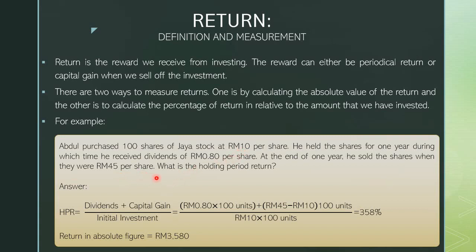So the question is asking, what is the holding period return? Our return here consists of periodical return and capital gain. The periodical return refers to the dividend, and the capital gain refers to the profit that Abu received when he sold off the shares.